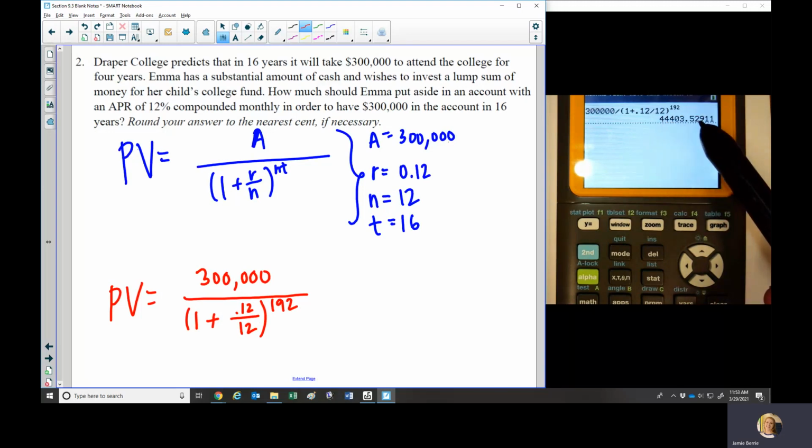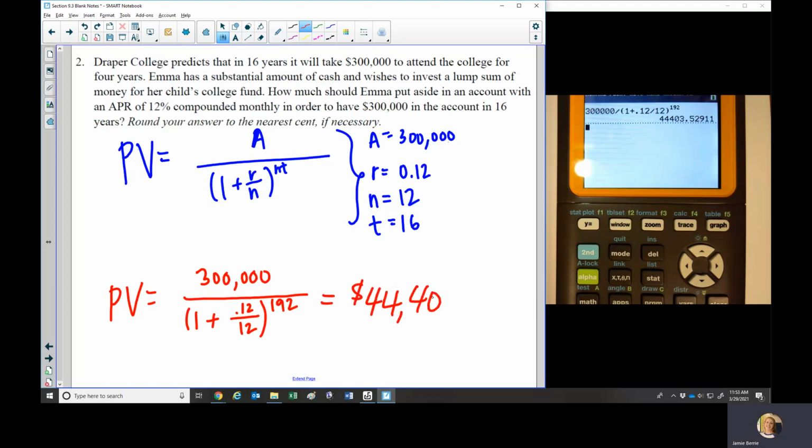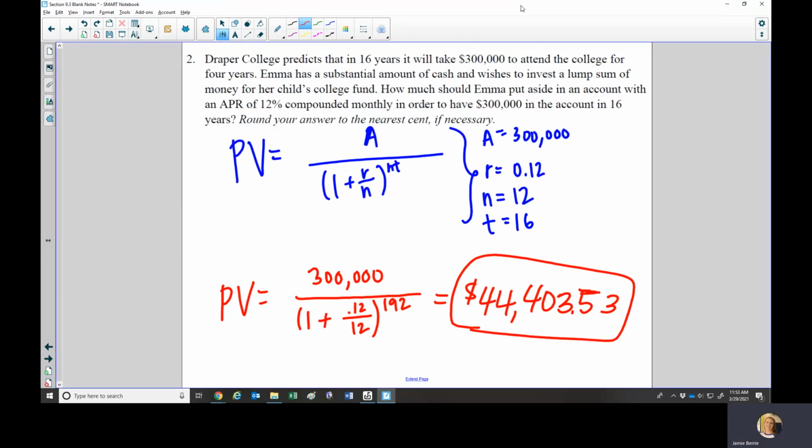So we're rounding to 2 decimal places. That would be $44,403.53. And 53 cents. So in 16 years, that'll have grown to $300,000, which is pretty cool.